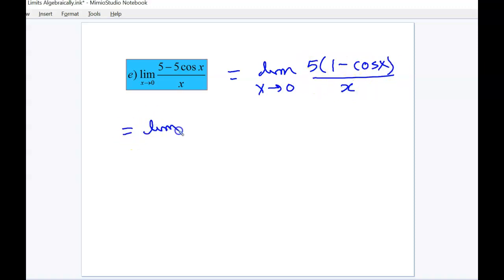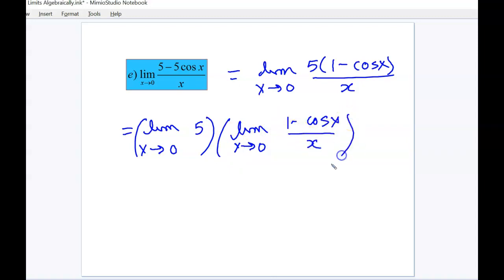So this would be 5 times the limit as x approaches 0 of 1 minus cos x over x. This is one of our special limits, and this limit has an answer of 0. The limit of 5 is 5, and 5 times 0 is just going to be 0.